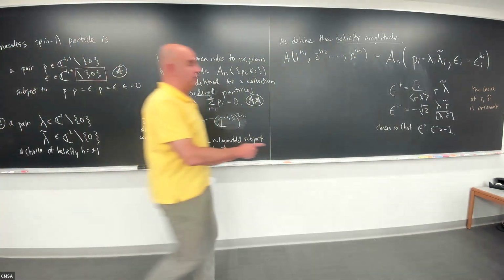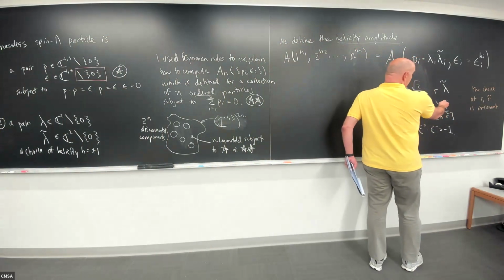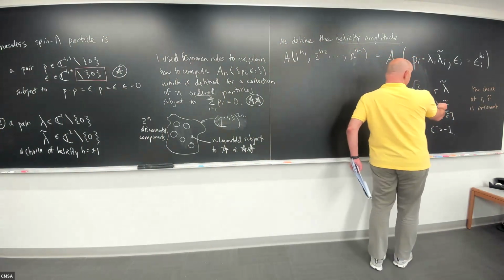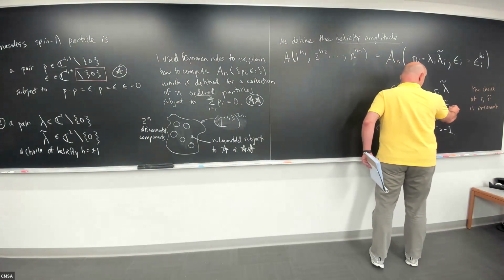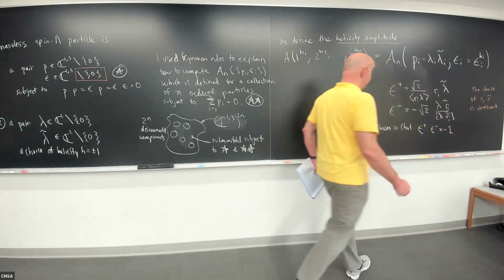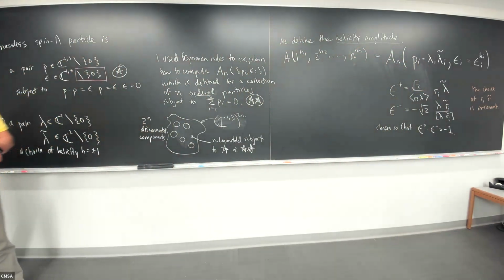And as those of you who are doing the exercises may have noticed, you're free to choose n different reference spinors here if it's helpful to do so. So this defines what the helicity amplitudes are.